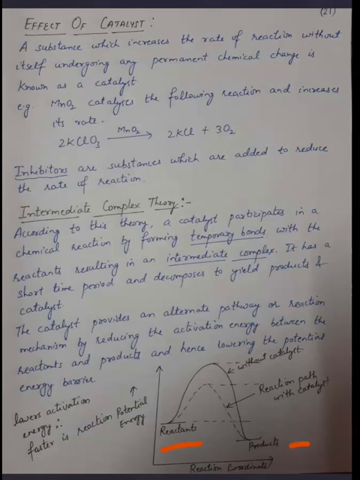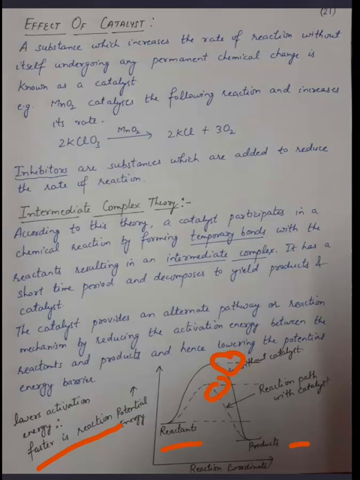You can see this is without catalyst and this is with catalyst. The potential energy barrier is less. When we have a catalyst, the energy barrier is less, so more particles can pass through this barrier. So the lower the activation energy, the faster the reaction.